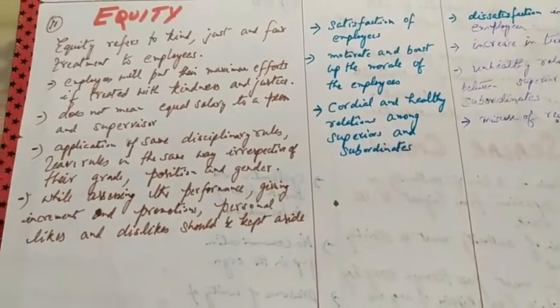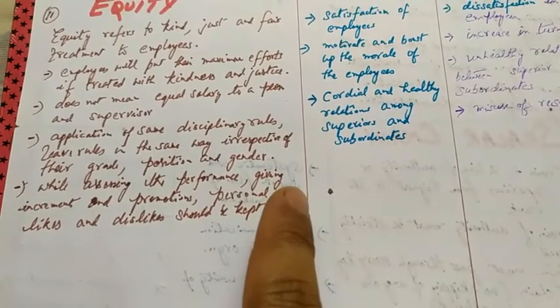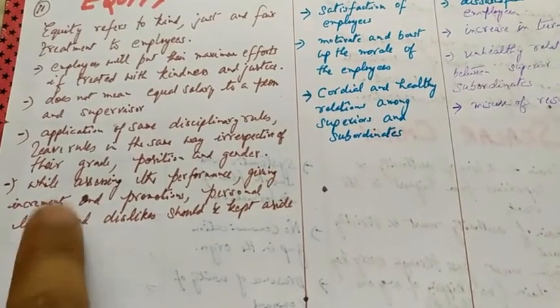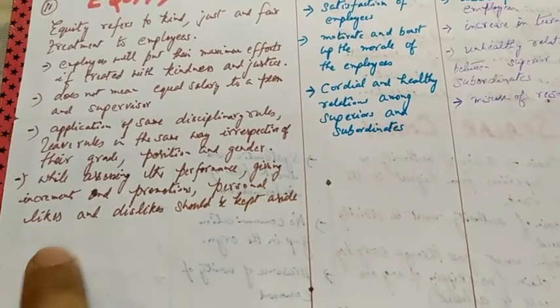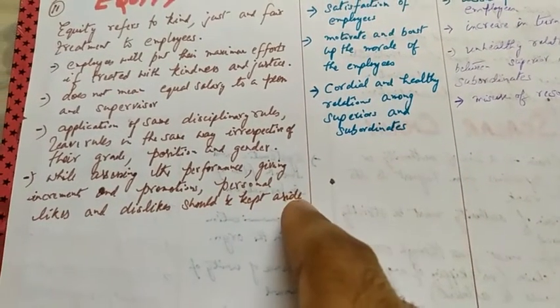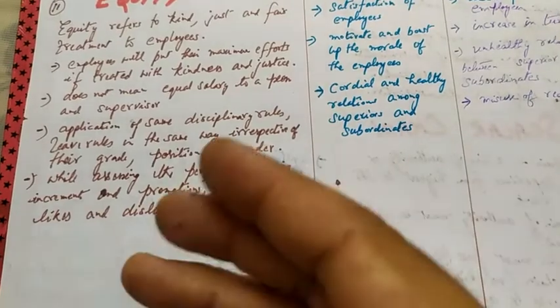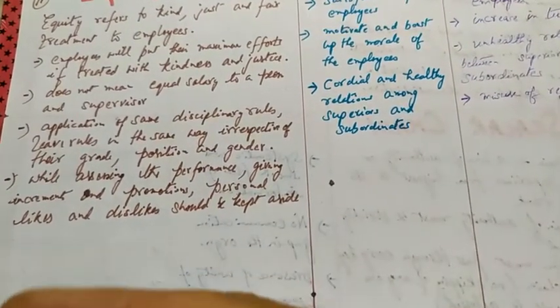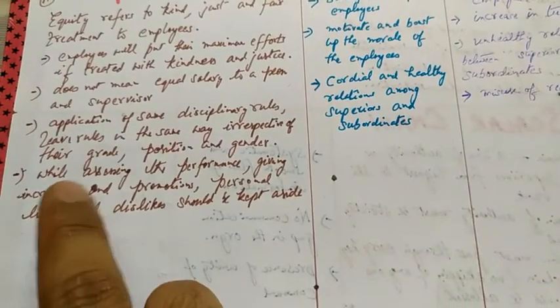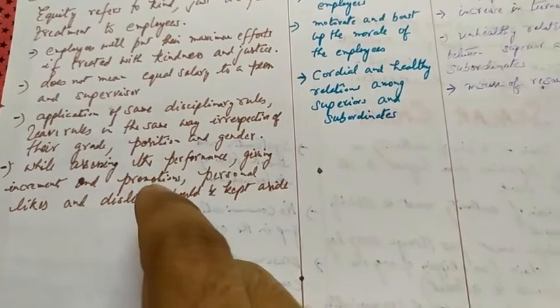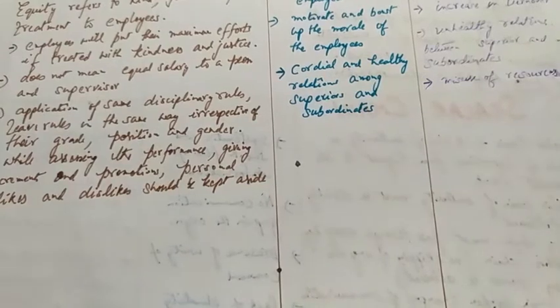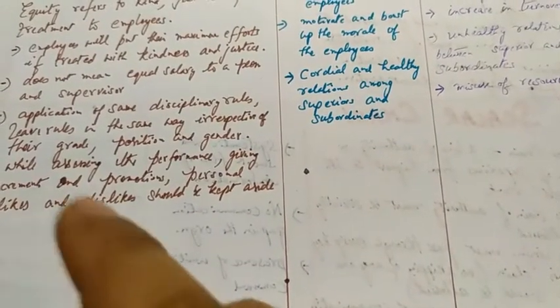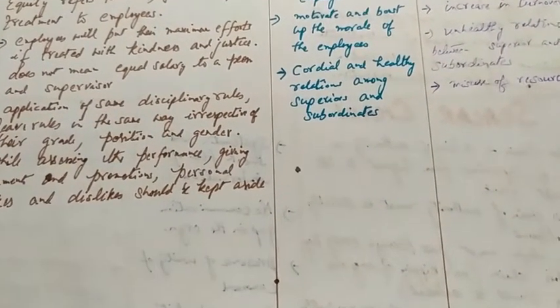Also, while assessing performance, that is, in case of giving increments or promotions, the personal likes and dislikes should be kept aside. One should not have any personal angle or personal influence in cases of giving increments and promotions. It has to be given purely on the basis of the employee's performance and his capability.